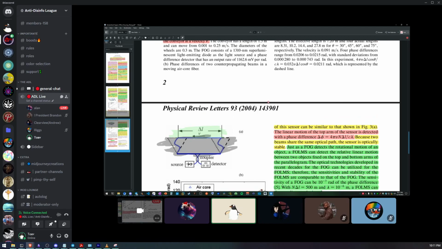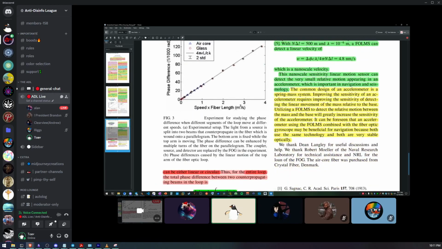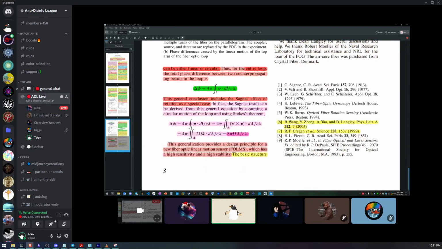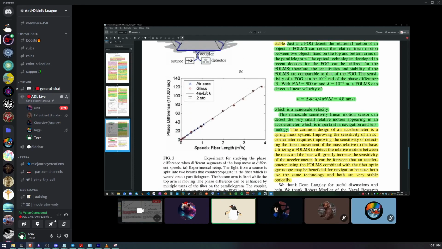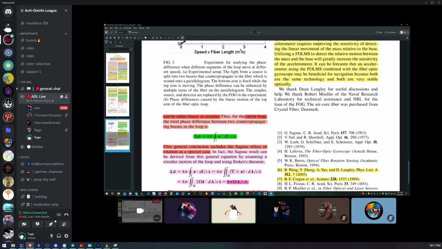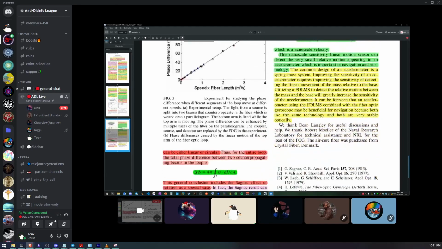So we had just read, according to our experiments, we can draw a conclusion about the generalized Sagnac effect that in a moving fiber loop or waveguide, a segment, the contribution delta phi is independent of the refractive index of the waveguide, and the motion of the segment can be either linear or circular.